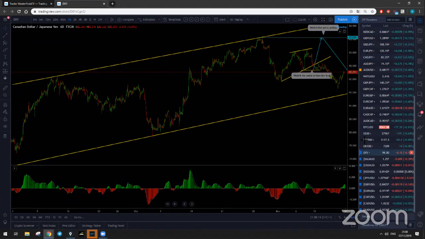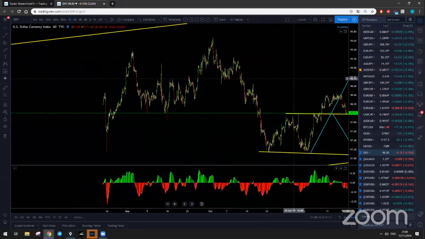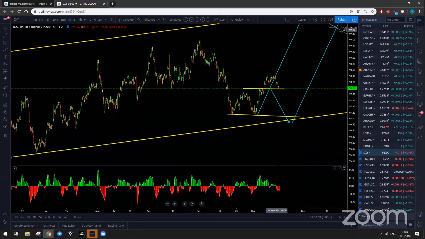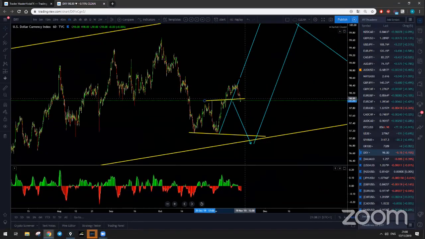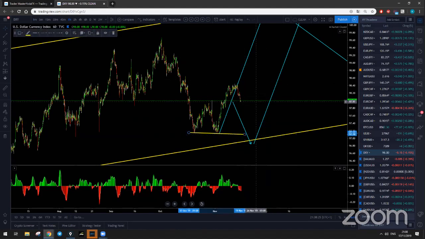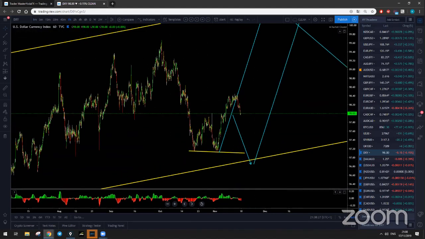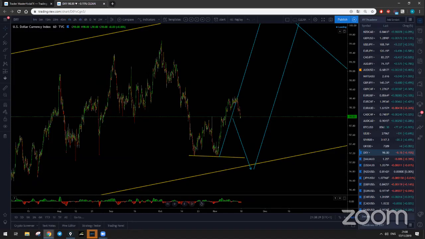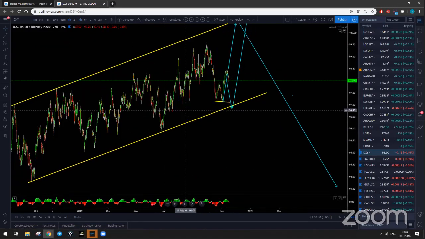First let's take a look at the DXY index. This is the dollar index, and I'm still anticipating that the dollar index will go to the upside. I don't see that this will continue to the downside. Let's take a look at the big picture.